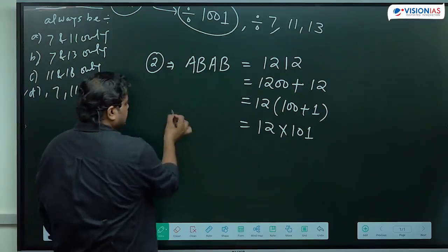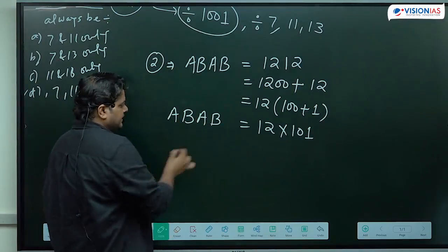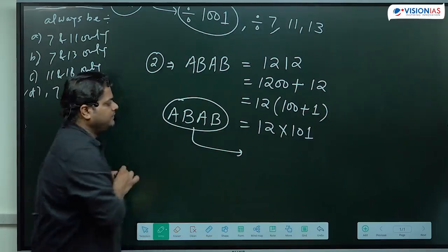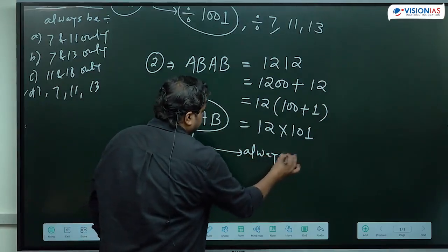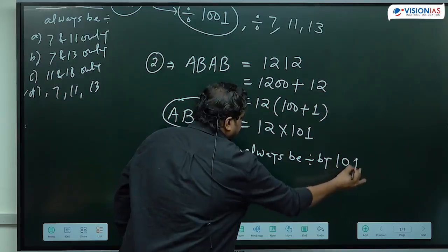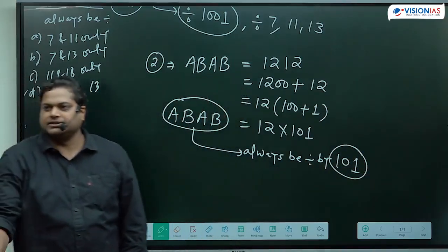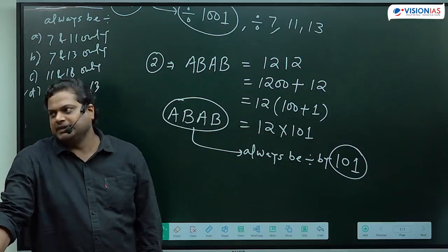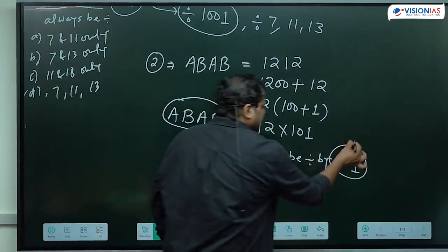That means this is for AB AB form. That means this number which is in AB AB form will always be divisible by 101. And the factors of 101, what are the factors of 101? 101 is a prime number. We don't have any factors of it, so we can say this 101.